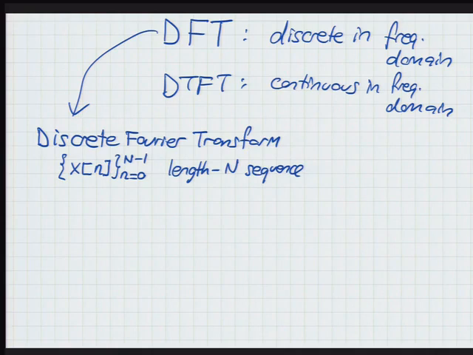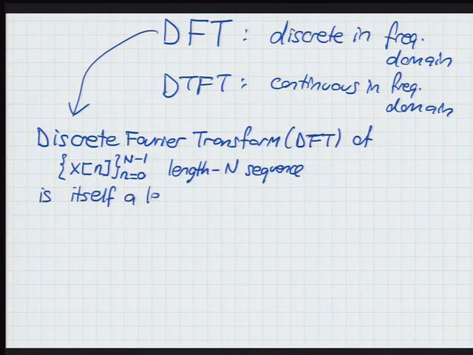So the discrete Fourier transform, DFT, of a length N sequence defined this way is itself a length N sequence. We'll use the capital X as we always do when we do transforms.